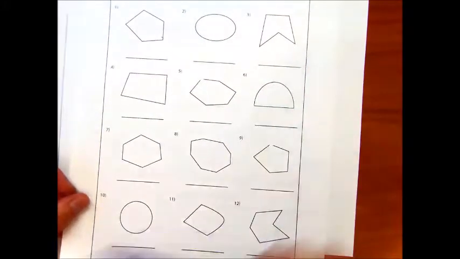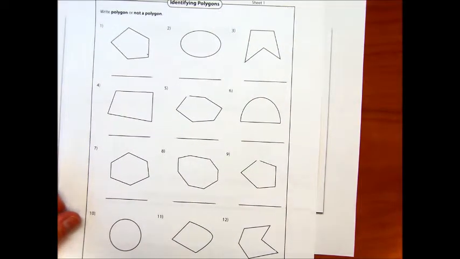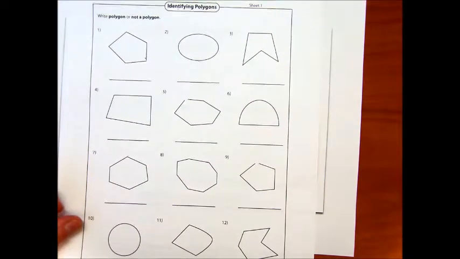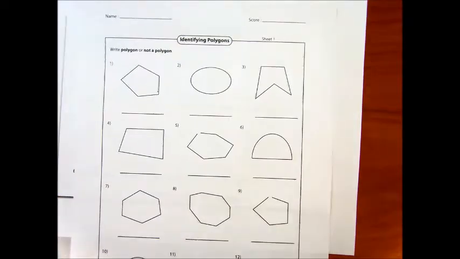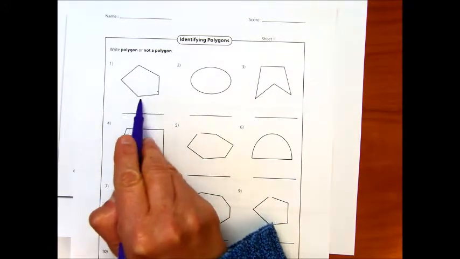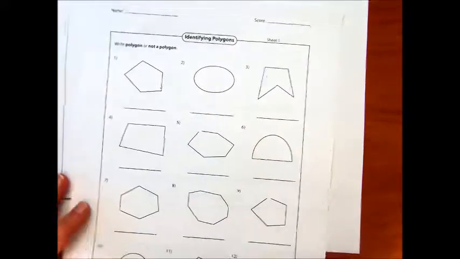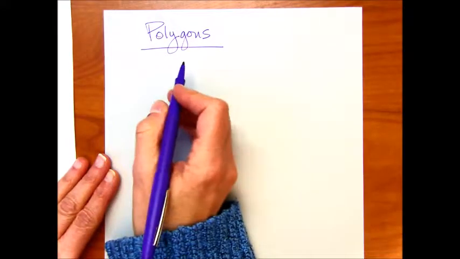Okay, so we want to take note of what they're made of. They're made up of line segments, and it's a closed figure, meaning all the line segments meet at a corner, and the corners have a special name called a vertex. So for instance, right here, this is a vertex, this is a vertex, vertex, vertex, vertex. And so let me go ahead and write on here, just to zero in on what we've been talking about.